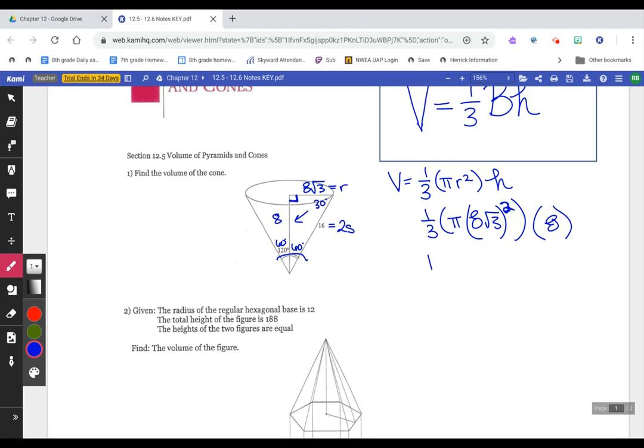Okay, so 1/3, 8 squared is 64, √3 squared is 3. We have our pi there, and then we have the 8. Well, the two 3's can cancel because one's on top and one's on bottom, and then we end up with 512 pi for the volume of this cone.